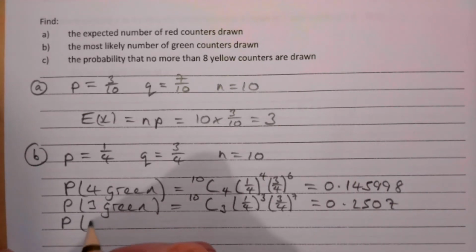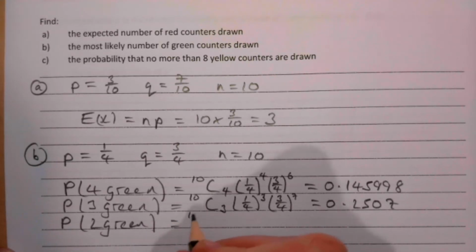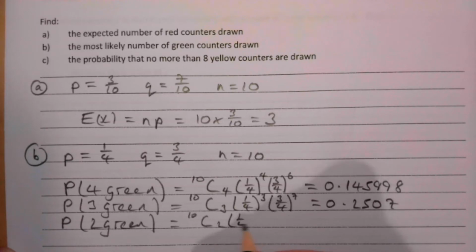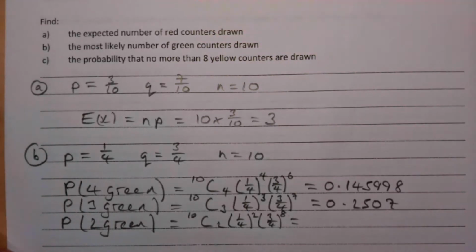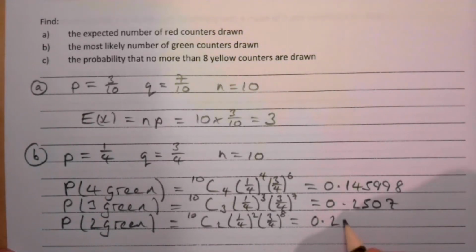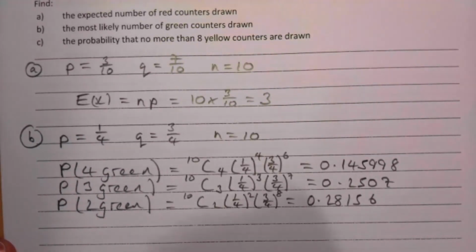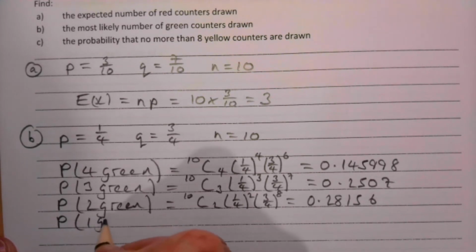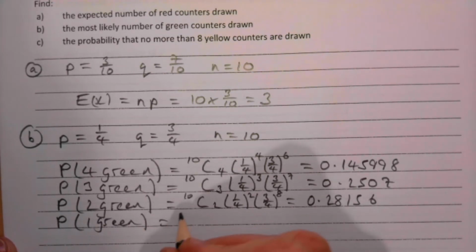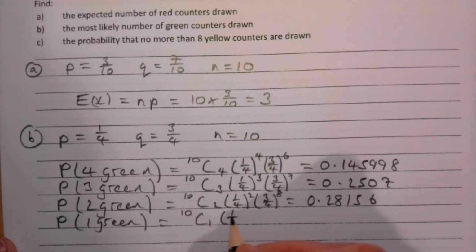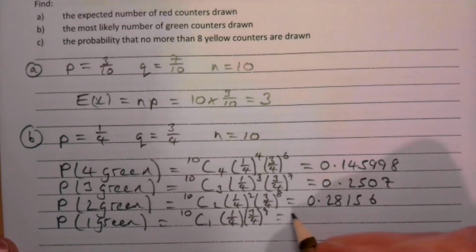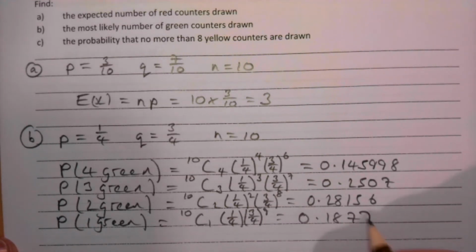So probably have 2 would be 10C2, a quarter squared, 3/4 to the power of 8, 0.28156. And for my money, that's going to be our answer, but we're going to check 1 anyway. 10C1, a quarter, 3/4 to the power of 9, and yes, sure enough, 0.1877.